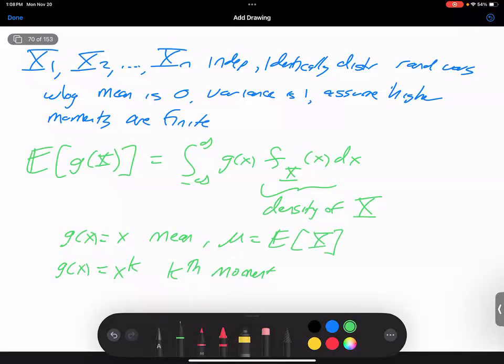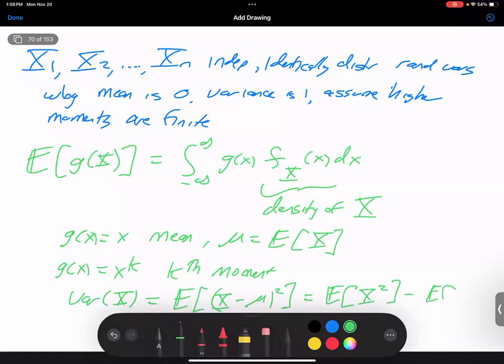And then the variance of x is the expected value of x minus the mean, squared, which after some algebra turns out to be the same as the expected value of x squared minus the expected value of x, squared. So it matters where you put the squaring.